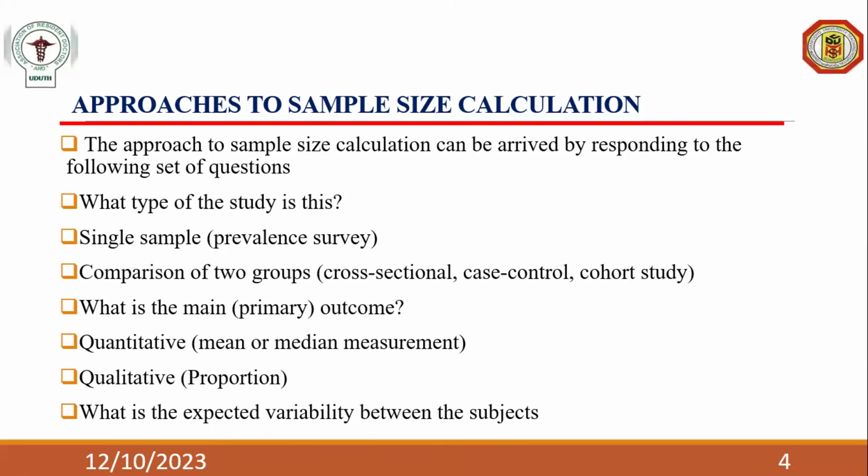And another thing that you should note is, is your outcome a categorical variable? That is, even if it is quantitative, are you reporting it in category? Like maybe you have measured your outcome in number, like PCV, but you want to report it in category, whether somebody is anemic or not anemic.